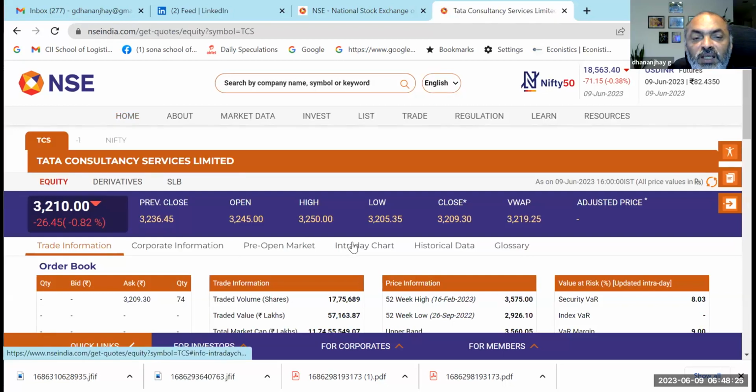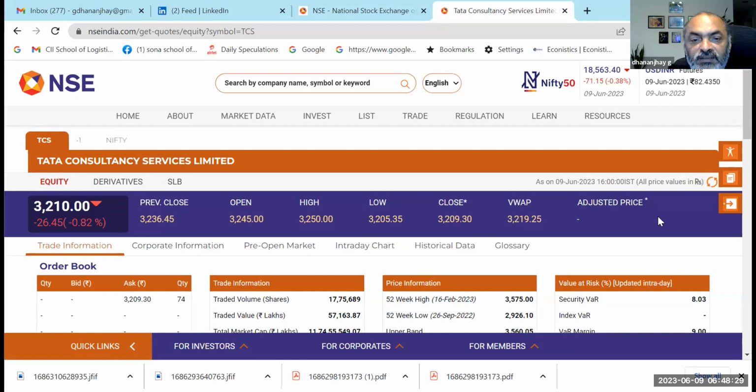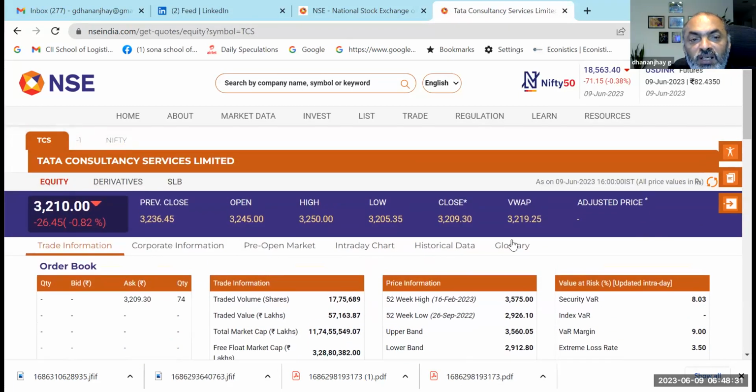Suppose I take TCS. See, listen clearly here. What is this market? I have highlighted equity market. Or this is also called spot market. Or this is also called cash market. So what is this data telling? What is this previous close?